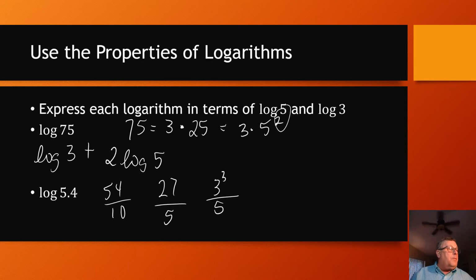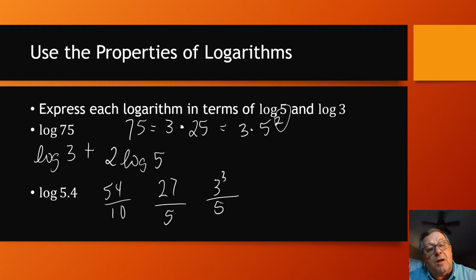So I've got the power property again, like what we just saw there, and then I've got the quotient property. So remember, when we divide exponents, we subtract the exponents, and that property is similar and flows through to the properties of logarithms.